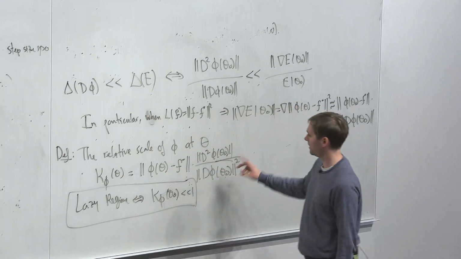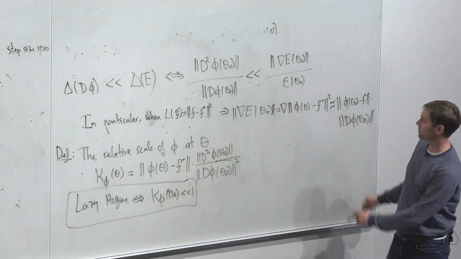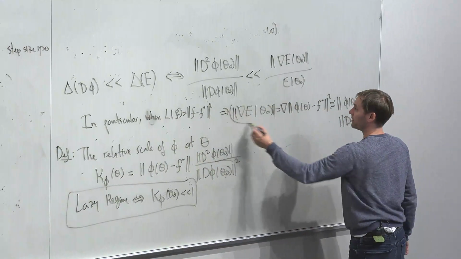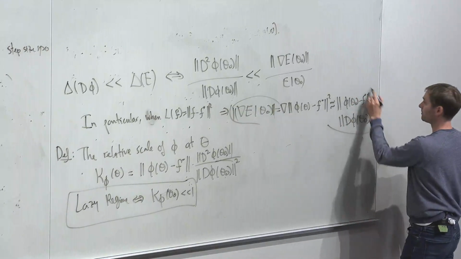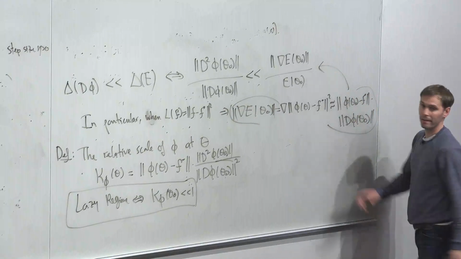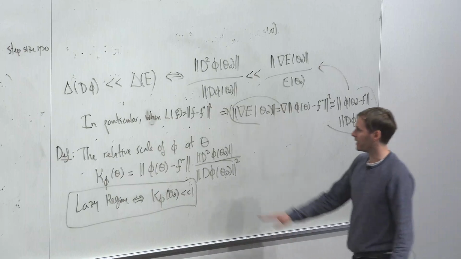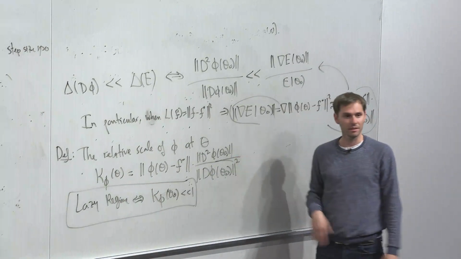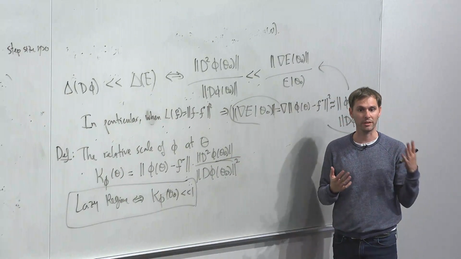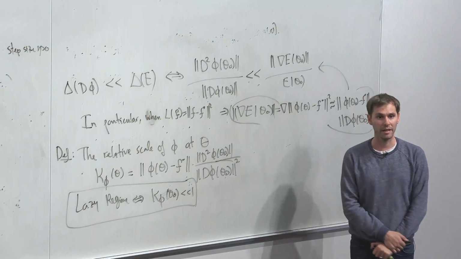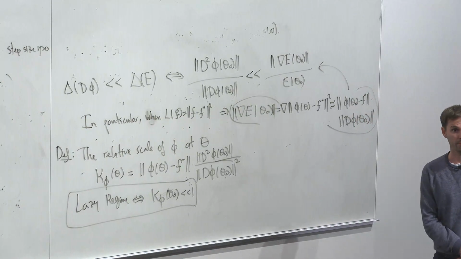Okay, so this is just rearranging these terms. I take this approximation, put it here, and rearrange the terms, and you get a pretty easy condition that involves just 3 quantities.